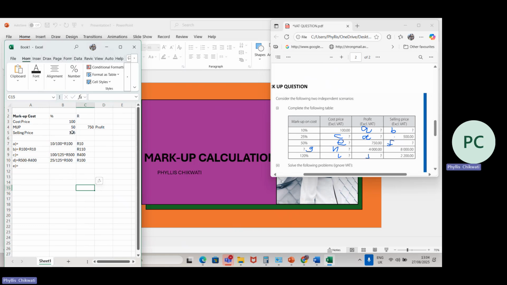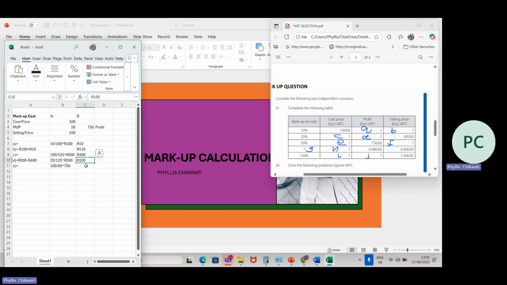Therefore, we also change here to 150. So 100 plus 50, that's your 150. Your profit is 750. So this time around, you can choose which one do you want to start with. But since we are going with the formula, I'm just going to start with my E, that is my cost price. So I'm going to say 100 over my 50% times 750.